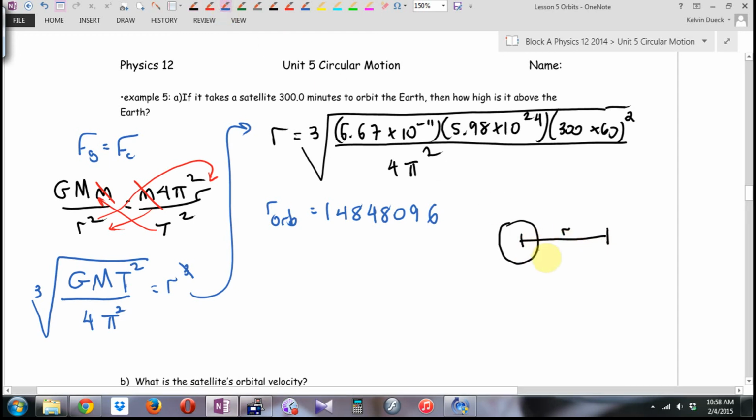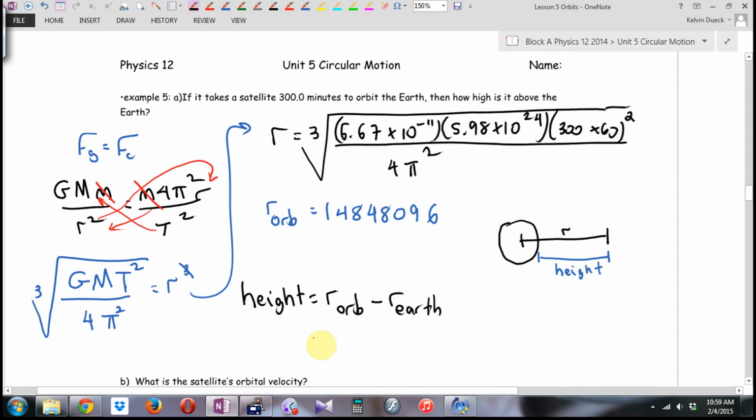We would like to find the height. How can we find the height? Subtract which radius? Okay. So final step is going to be height equals our orbital radius minus our Earth radius.